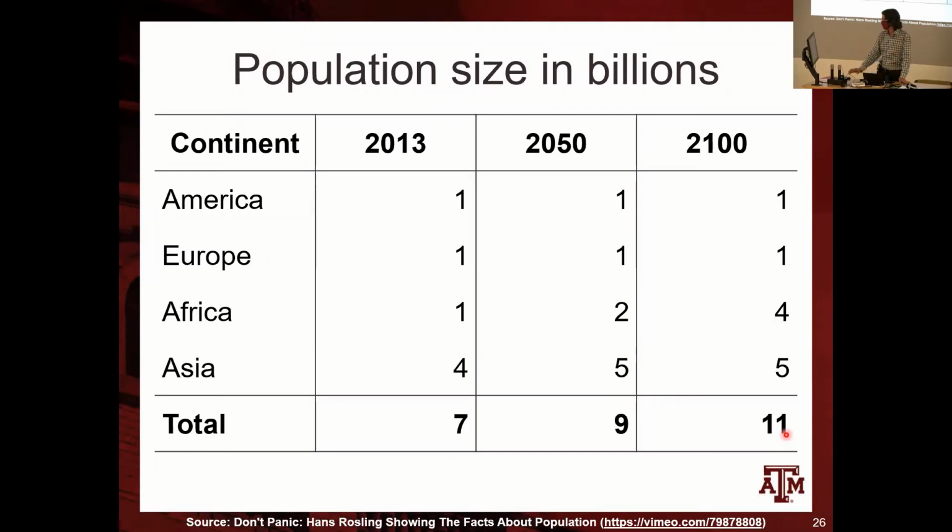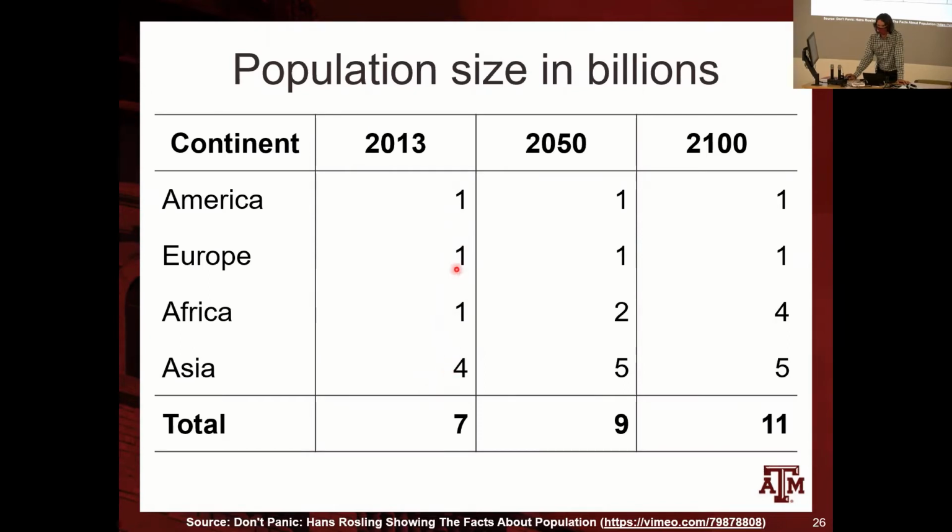And then after 2100, this number of 11 billion people on Earth might tend to stabilize. And what his point is in his presentation is that what's changing, what's more interesting for demographers, for people who want to understand all the demographic changes in the world, is the geographic distribution of the population, right?